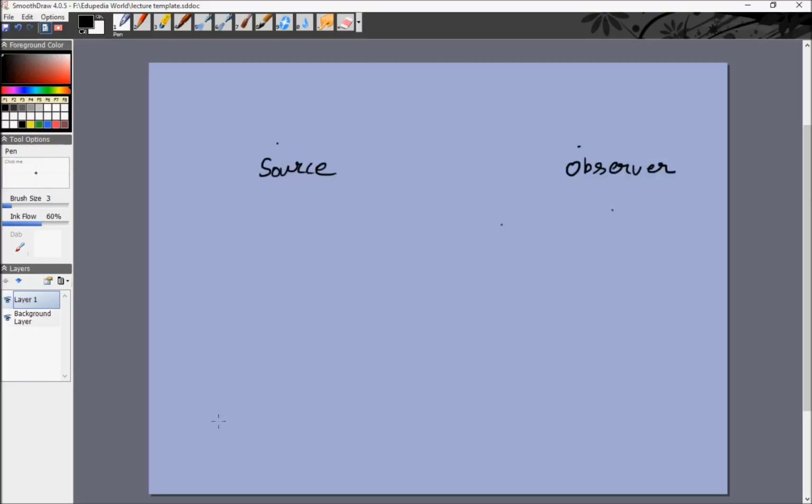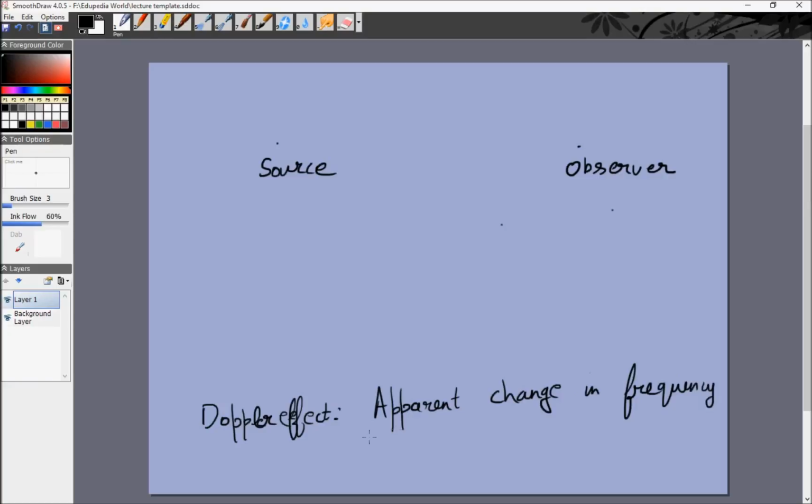What the Doppler effect is, I'll just write the definition here first. It is the apparent change in frequency due to the motion of the source, or the observer.